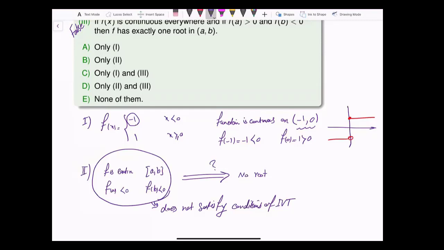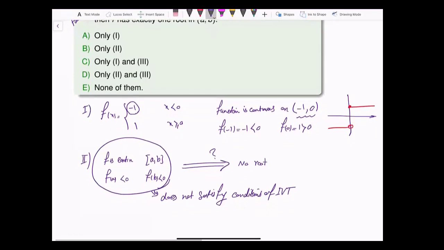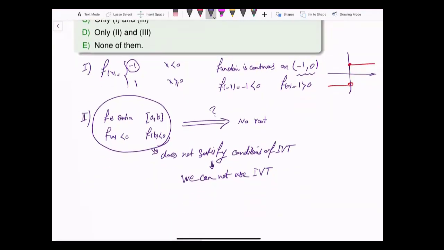The only thing you can say is that since it doesn't satisfy the conditions of IVT, we cannot use IVT. But the function can still have roots in that interval.